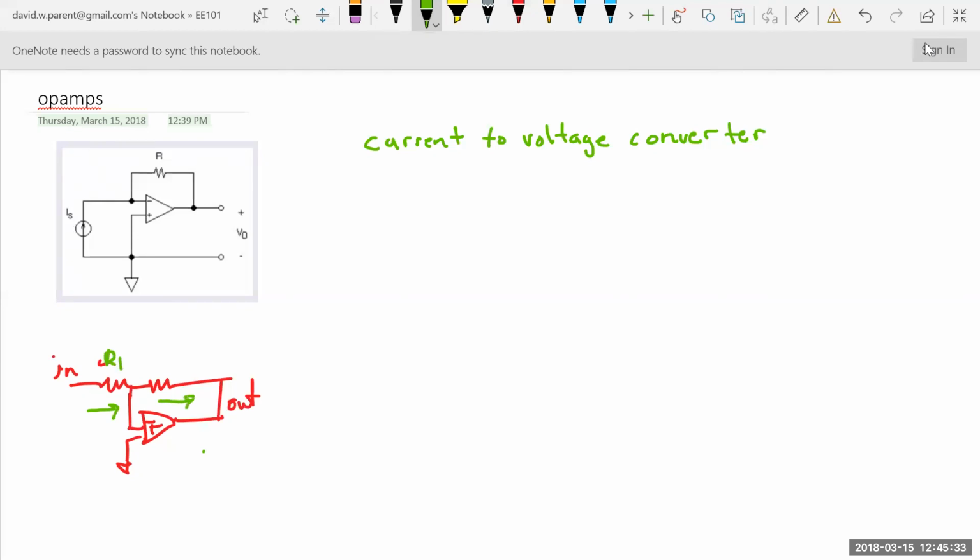Well, when we do our nodal analysis, we set up our currents. If that's R1 and R2, we get I_R1 equals I_R2 because I minus equals 0. Then, well, what are these two? Oh, well, V in minus Vx over R1, Vx minus V out divided by R2.